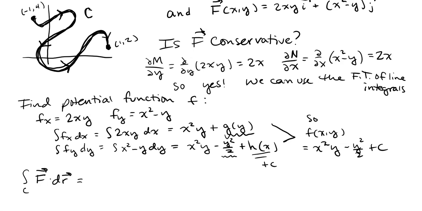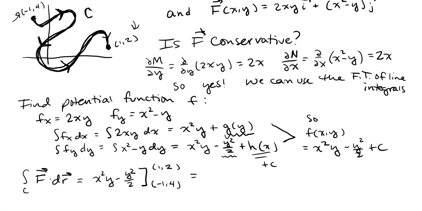So we're going to say that this is equal to the potential function, which is x squared y minus y squared over 2. I really don't need the plus c because we're going to do a subtraction. And we're going to evaluate that from the initial point, which it is important to note the orientation of this curve, right? So that makes this the initial point, and this one the terminal point. So the bottom one is -1, 4, and the top point is 1, 2.